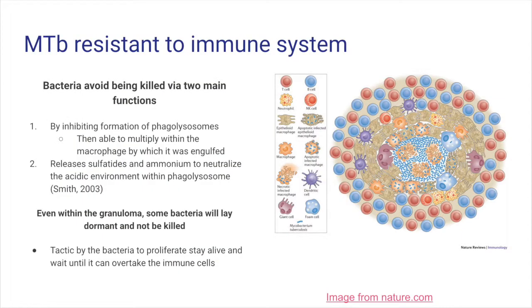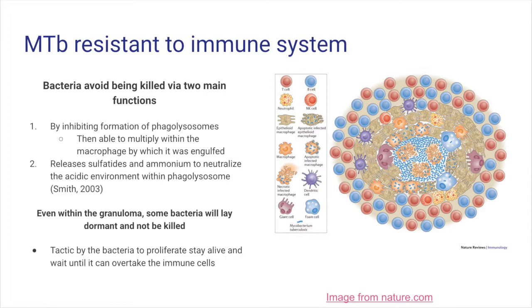These granulomas that I've talked about, these all occur when the immune system is in full force and is working properly, but it's often found that these bacteria try to avoid being killed, for obvious reasons, by two main functions, which I'll talk about. So the first is by inhibiting the formation of those phagolysosomes within the macrophages.